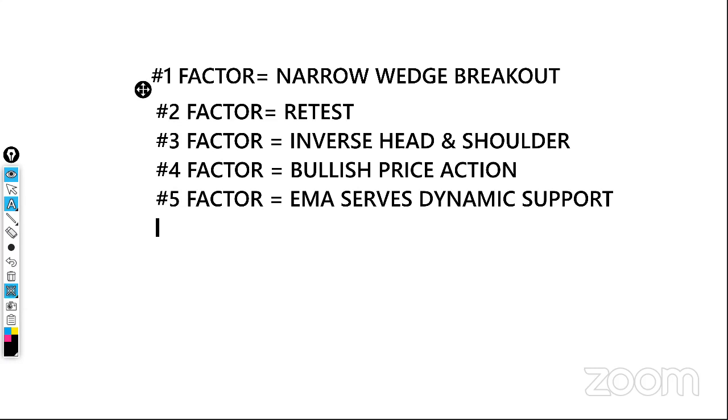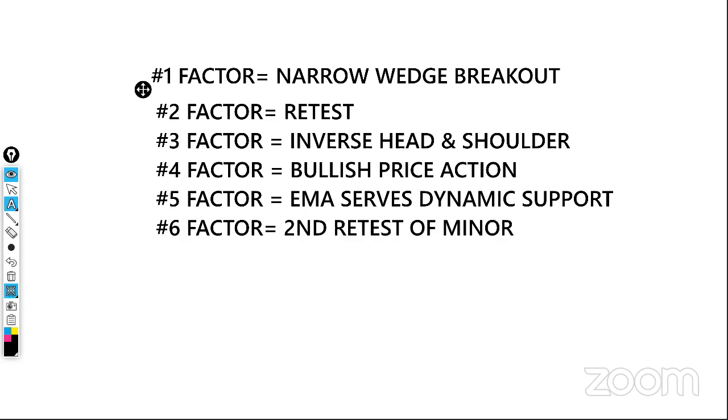We add another confluence factor again. Retest again. Another retest of a minor level. Second retest. Retest of minor resistance, now turning into new what?